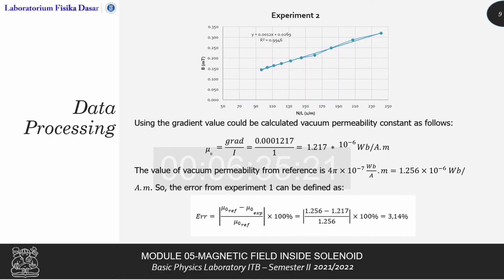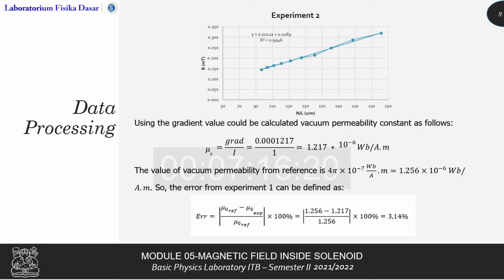From here on, we get pretty much the same as before. Using linear regression, we get the graph in which the x-axis is N over L and the y-axis is B. We can also get the value of mu zero using gradient over I, in which the electric current is the same, 1 ampere, and we get a mu zero value of 1.217 times 10 to the power of negative 6 Weber per ampere meter.